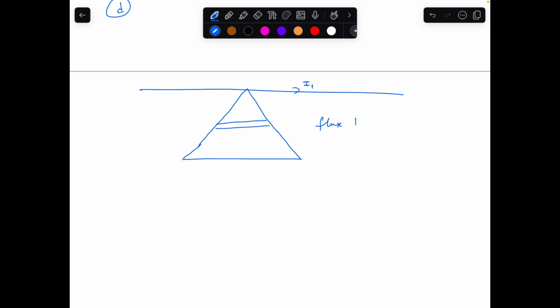What is the flux through the loop? This angle is 90 degrees. So if I take at a distance of x, this will be 45 and the upper one will also be 45.